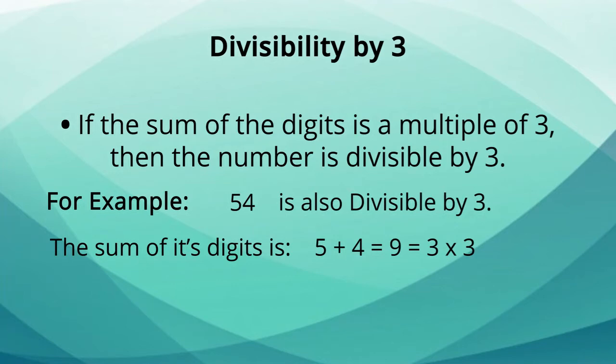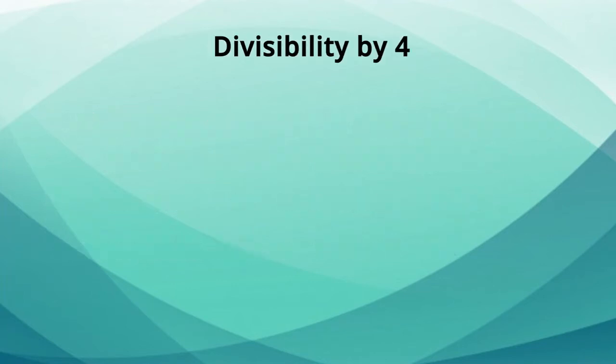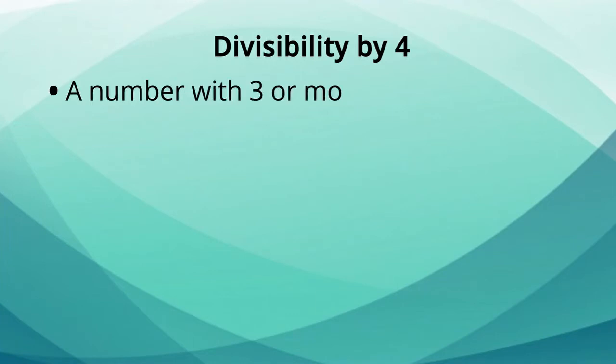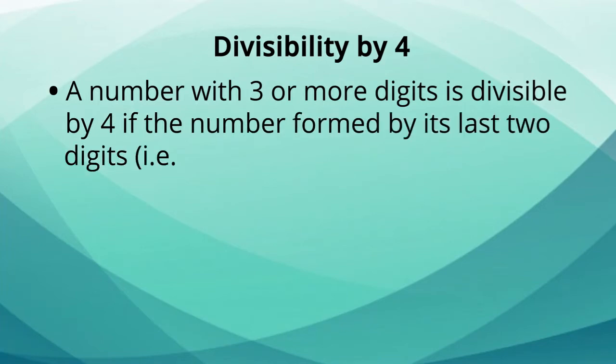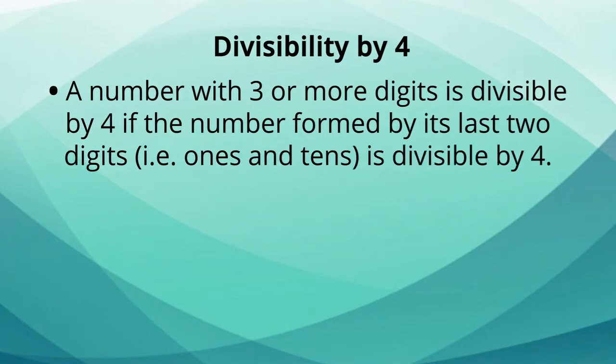Now, let us discuss the divisibility by 4. A number with 3 or more digits is divisible by 4 if the number formed by its last 2 digits, that is ones and tens, is divisible by 4.